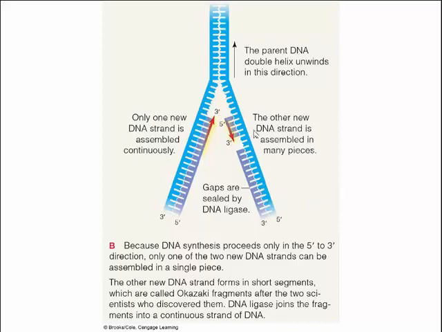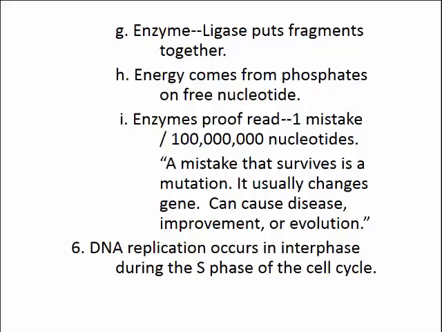But on the lagging strand, what we find is that we would want to add them in this direction, but they can only be added in the opposite direction. So what you wind up with is short segments, those Okazaki fragments, that are put together, and then we're going to use another enzyme called a ligase to seal the gaps between them. Very complicated, very clumsy, definitely a sign of natural selection at work.